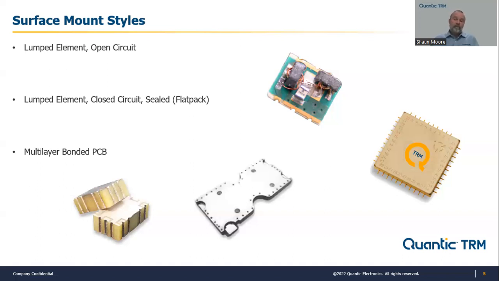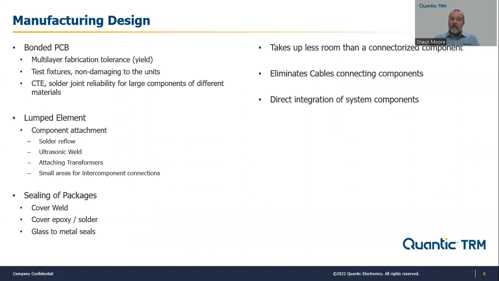Okay, so you had mentioned some of the technology design challenges. I gather there are also manufacturing design challenges associated with surface mount products. Well, there are, and depending on the type of technology you're looking for, there are different challenges. I'll start with the bonded multi-layer PCB.